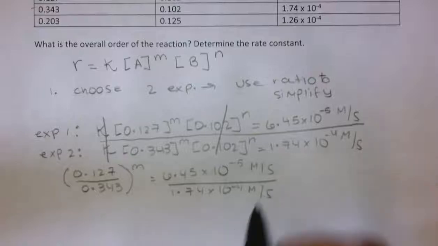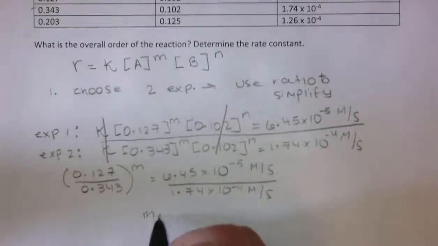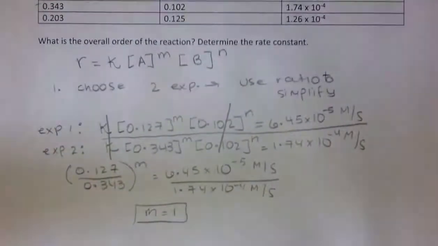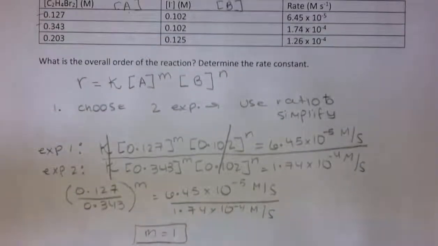And when I solved this, I ended up getting that m equals 1. So this is telling us that with respect to component A, the reaction is first order.